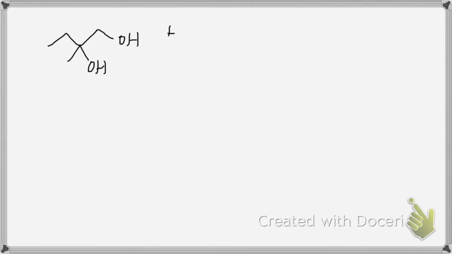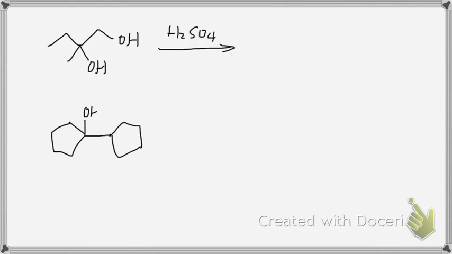All right. So now I want you to follow the mechanism that I just explained and work on these two reactions. Please note that in the first reaction, we have a diol and it's not symmetrical, so the carbocation will form on the most substituted carbon.